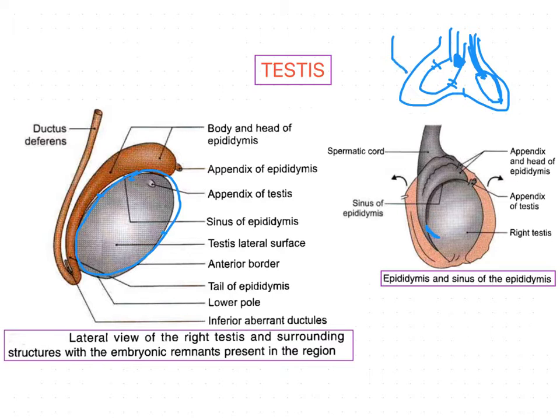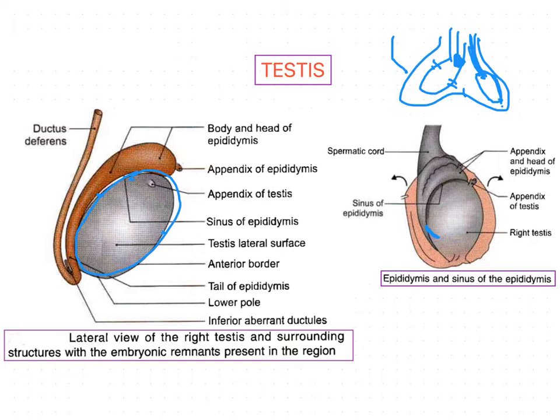This is the position of the testis inside the scrotum, and the left testis is slightly lower in shape and size than the right.